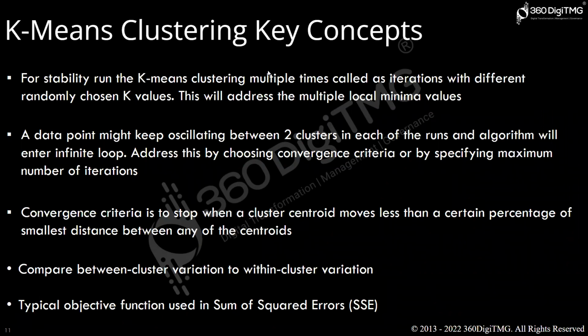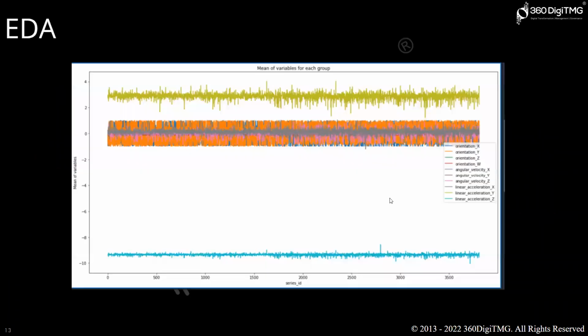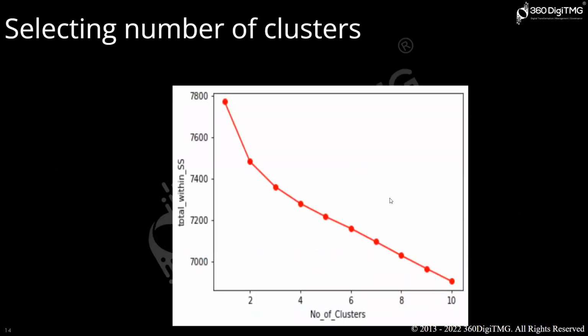A data point might oscillate between two clusters in each of the runs, and the algorithm would loop infinitely. The convergence criterion is to stop when a cluster centroid moves less than a small percentage distance. These are the key concepts of clustering, guys. Next we are going to see use cases, and this is the elbow graph we have on the clustering part.